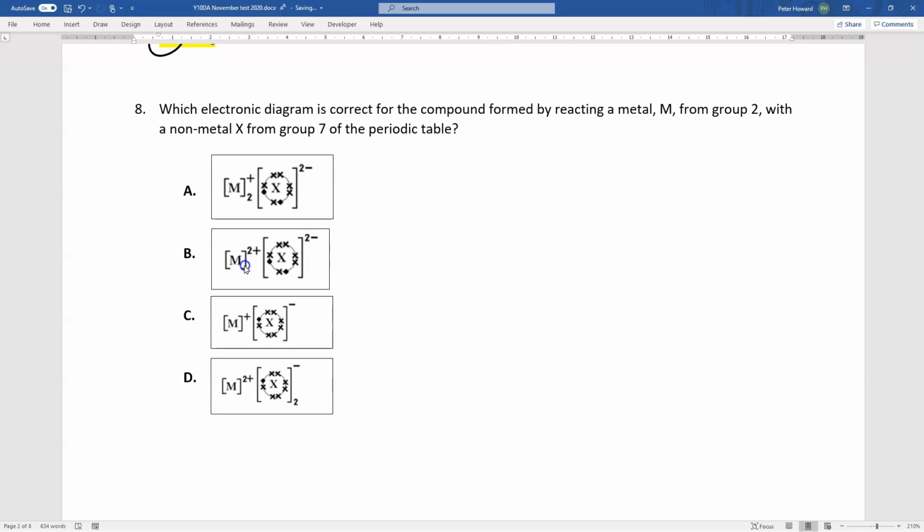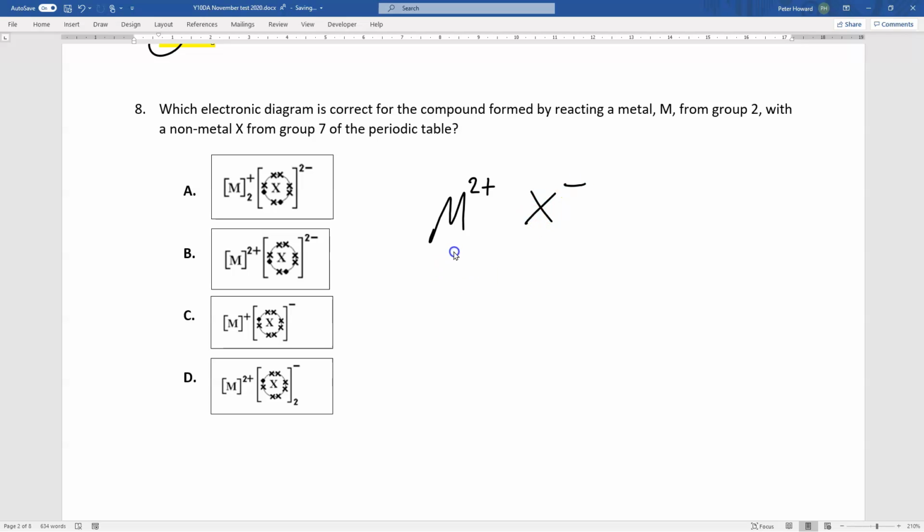This one here, if we do it in a slightly simpler version maybe than last time, everything in group 2 forms 2+ ions. Everything in group 7 forms -1 ions.